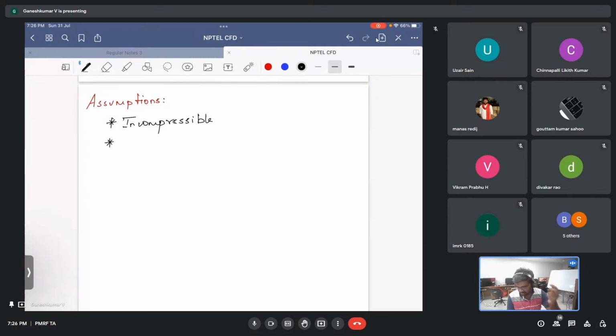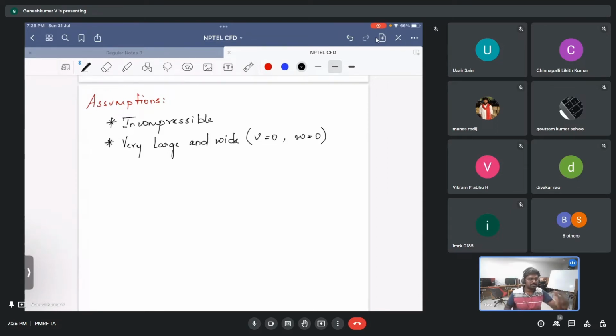The one more assumption we are going to make is a very large and wide channel. When I say very large and wide channel, there is not going to be any variation of velocity along the y direction and z direction. This is one of the simplifications I am making.